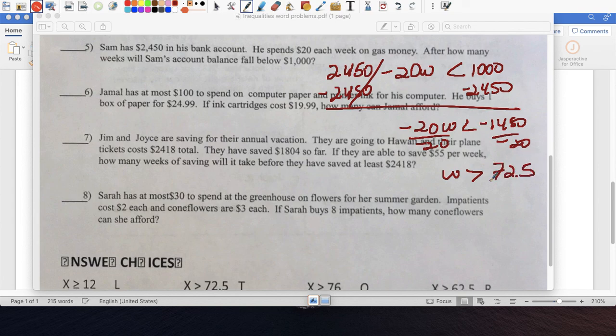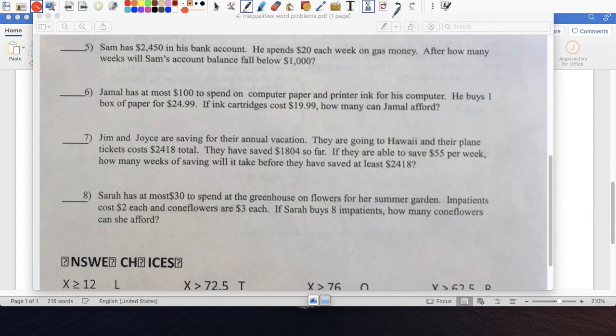So it will take 72 and a half weeks. I guess you can have half a week because I can see the answer already here. After 72 and a half weeks, his bank account will have less than $1,000. So the 5th letter is a T.